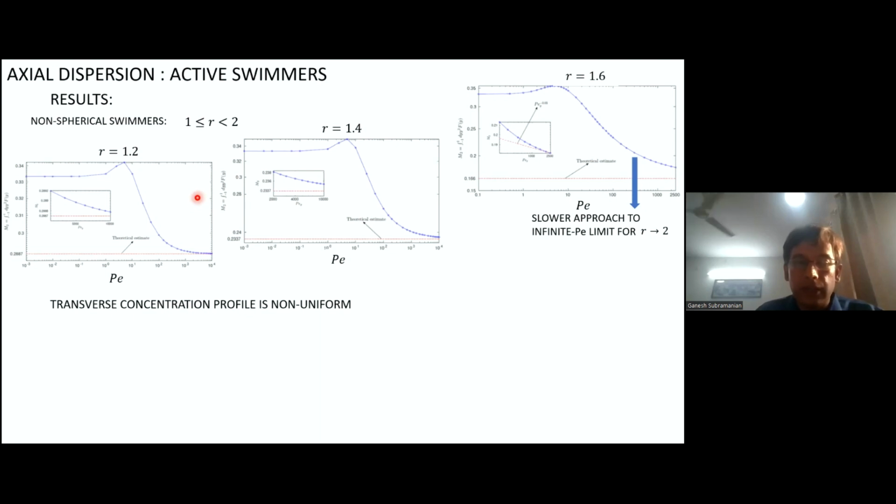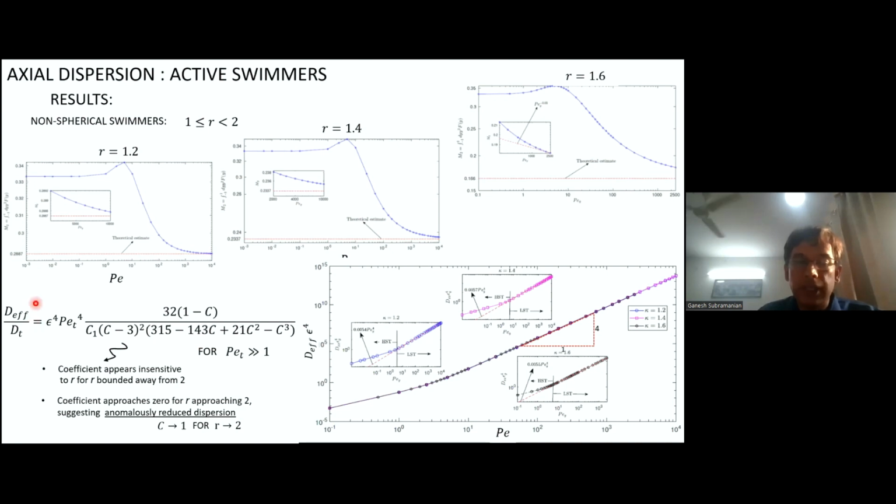So the transverse concentration profile is non-uniform, but it's finite at every point. Therefore, you can show that the diffusivity still scales like Peclet to the power 4, albeit with a coefficient that you can extract from the infinite Peclet concentration profile as a function of the gradient coordinate.